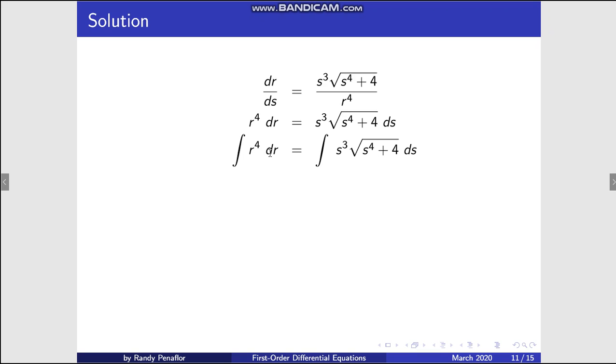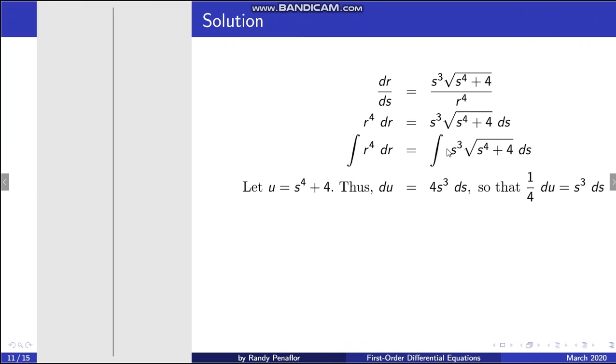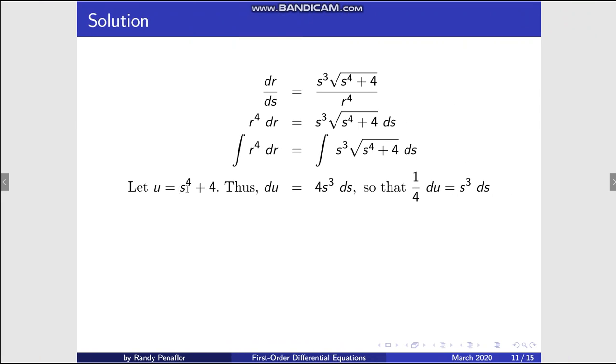The integral of r to the 4th dr equals the integral of s cubed times the square root of s to the 4th plus 4 ds. This integral can be evaluated using integration by substitution. Let u be equal to s to the 4th plus 4, then du equals 4s cubed ds. Dividing each side by 4, we get 1/4 du equals s cubed ds.